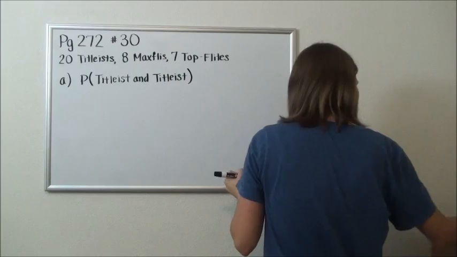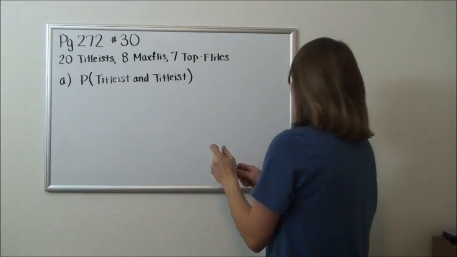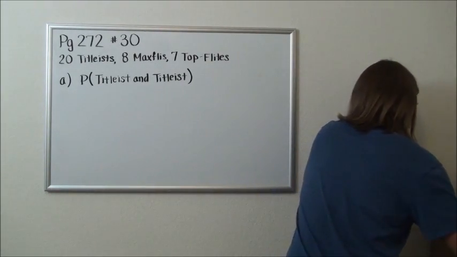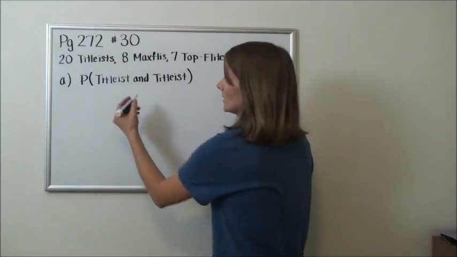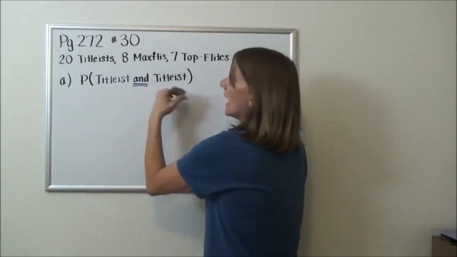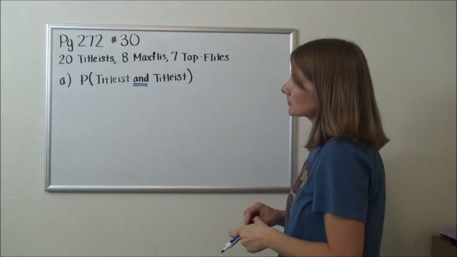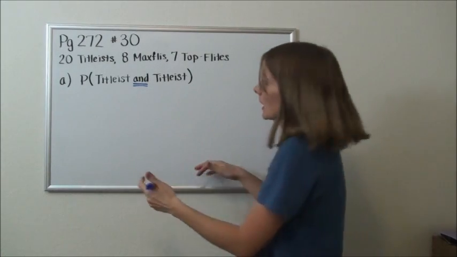So when they say you're getting 2 balls out of this onion bag, and they both are Titleists, I'm just going to say the first one's a Titleist, and the second one's also a Titleist. And so that "and" is going to turn into multiplication.